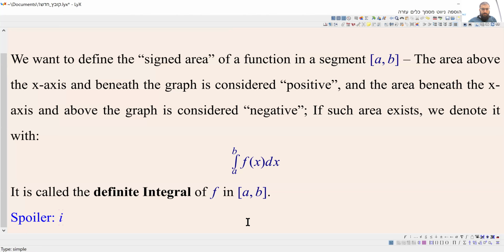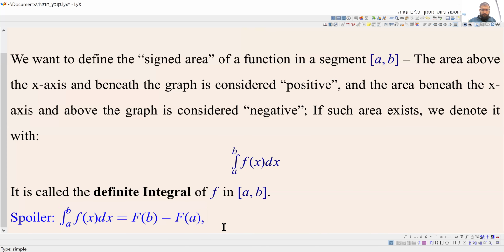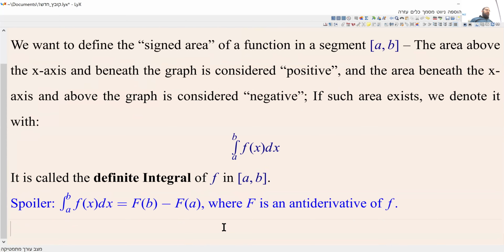We all know, a kind of big spoiler, the formula: the integral from a to b of f(x) dx is big F at b minus big F at a, where F is an antiderivative. We'll get to this statement, but only in lecture 6 next week.